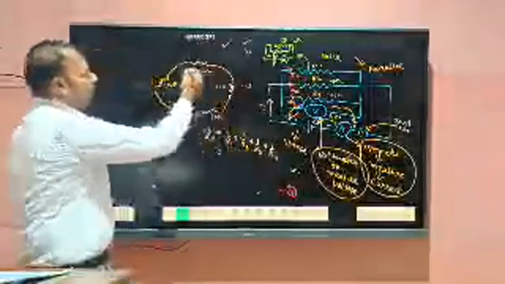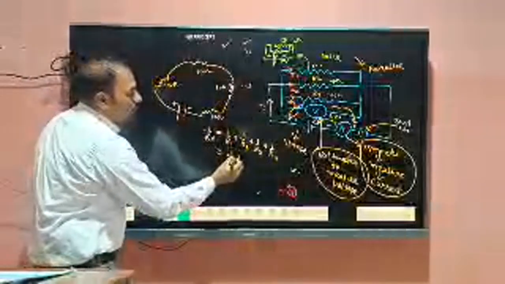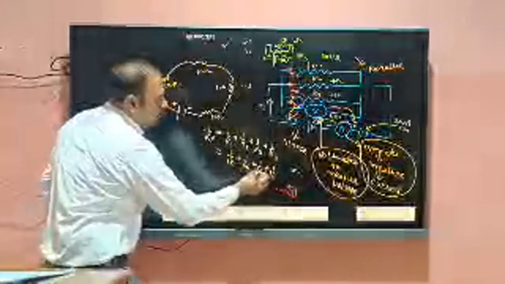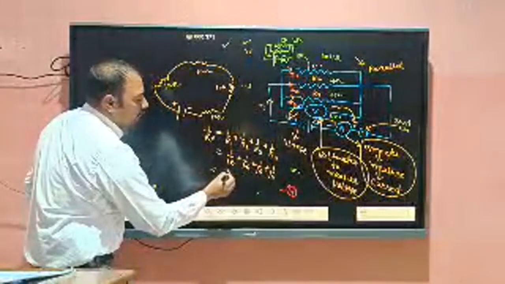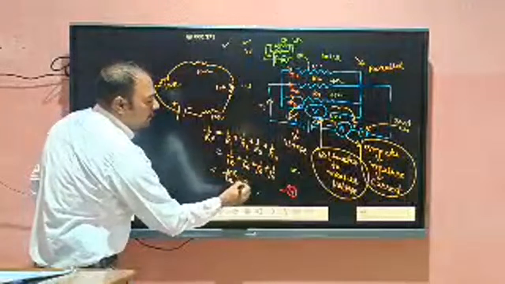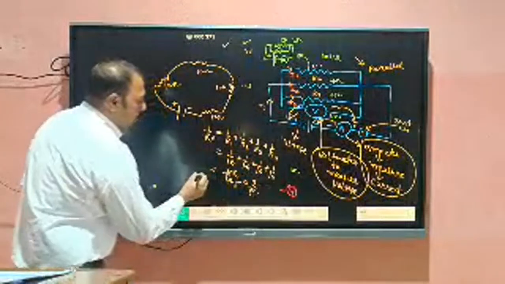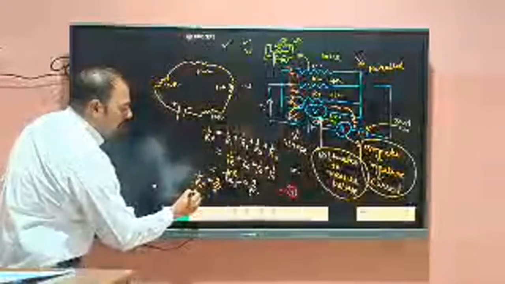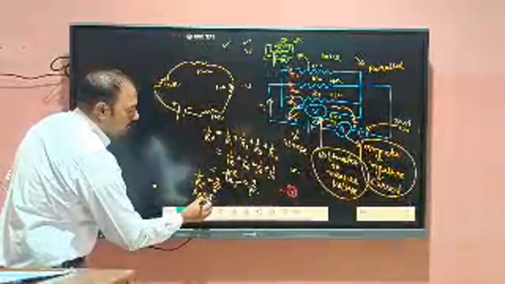Each is equal to 10. So put here 1 by 10 plus 1 by 10 and so on. This is equal to 4 by 10, which is 2 by 5. So 1 by Rp is equal to 2 by 5, and Rp is equal to 5 by 2.